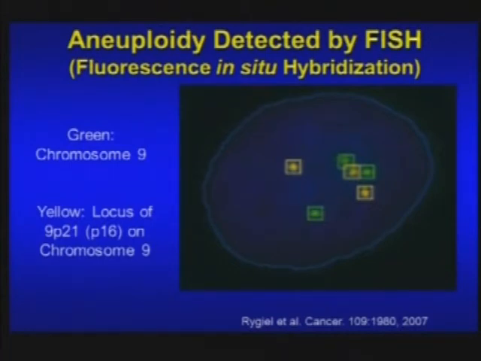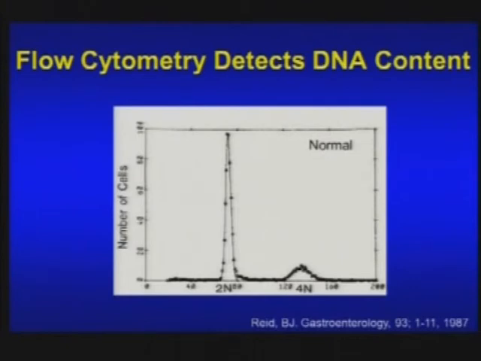Normally, there should be either 2 copies or 4 copies. But since this is 3, this reflects aneuploidy. Another way to detect aneuploidy is by flow cytometry and or automated image cytometry. Both of these techniques detect the DNA content within the cell.